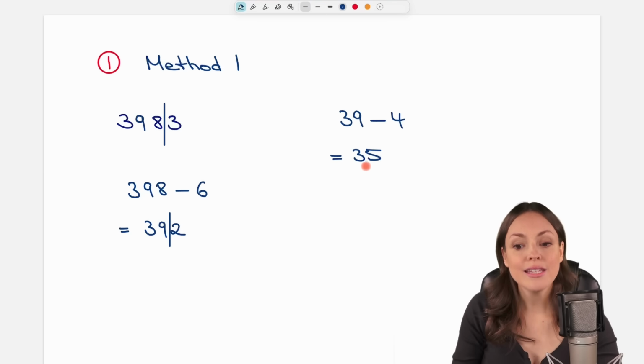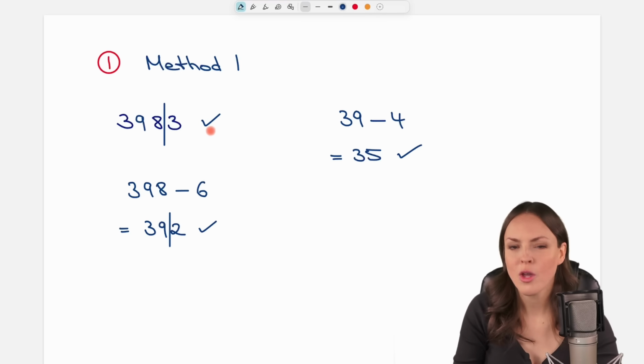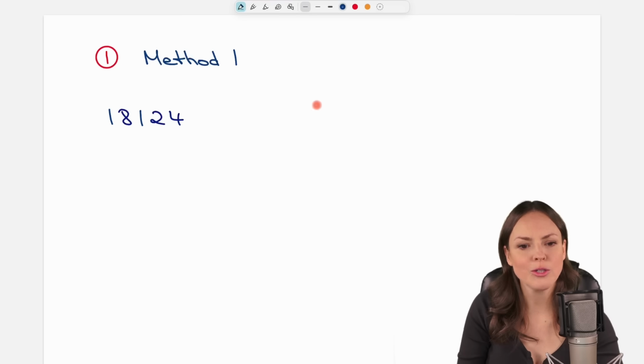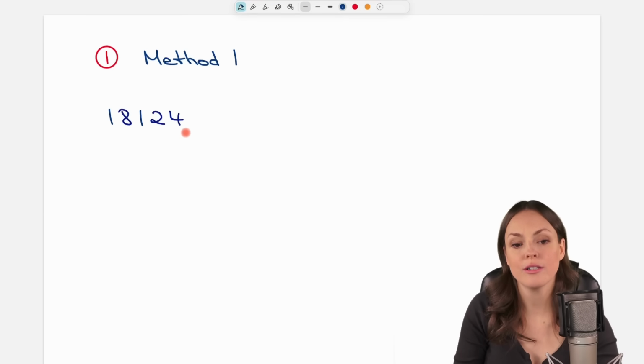And now, if this number is divisible by 7, then also this number is divisible by 7, and then also our original number is divisible by 7. 35, yes, we can divide it without a remainder by 7, so this number is divisible by 7, and this as well.